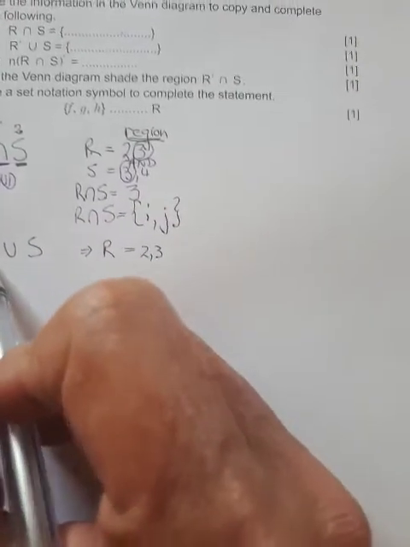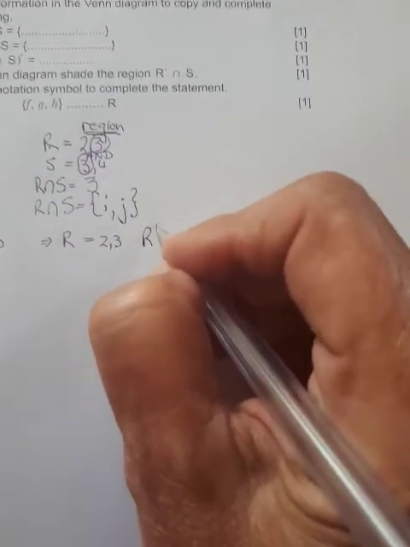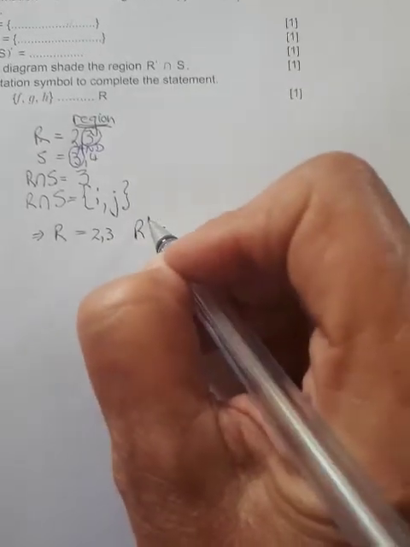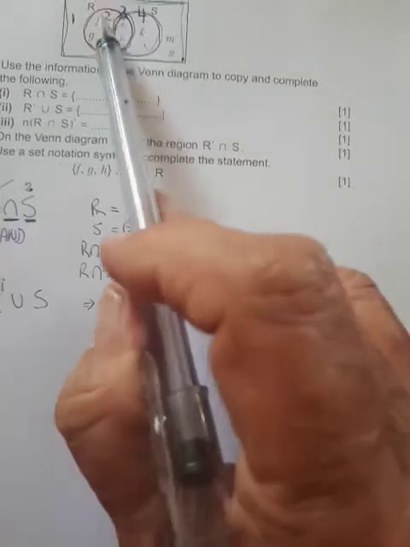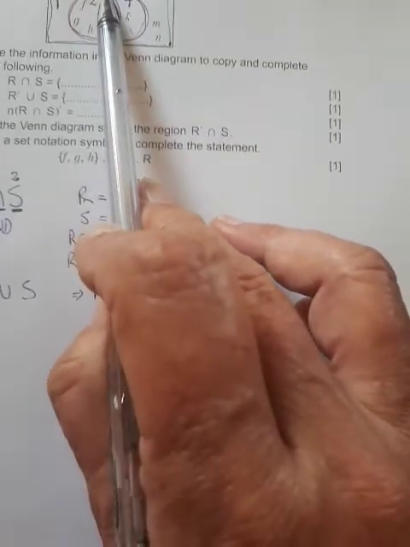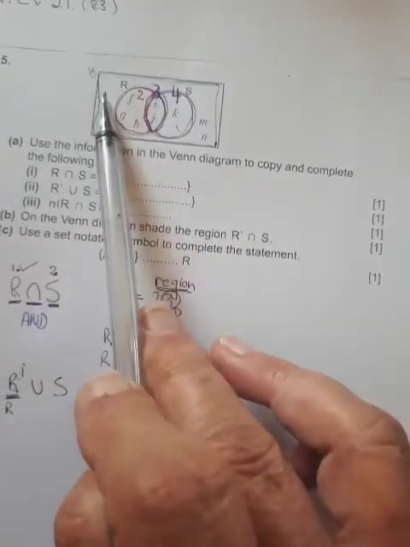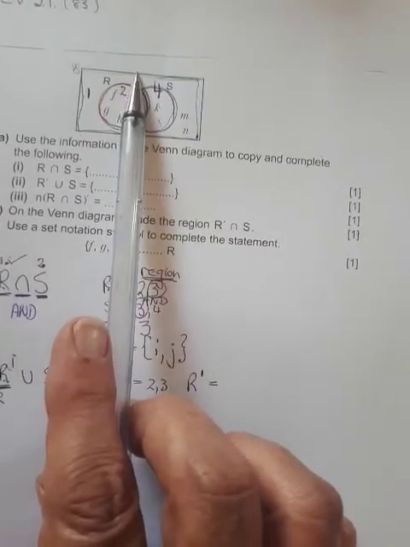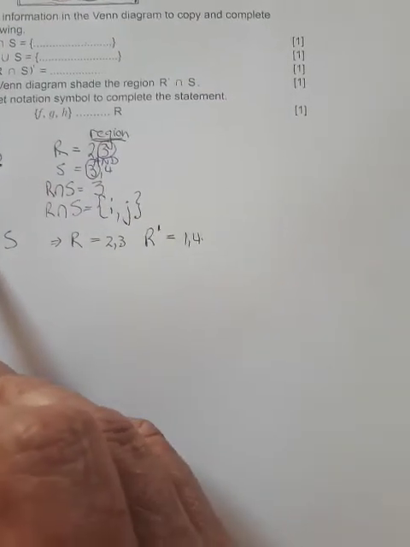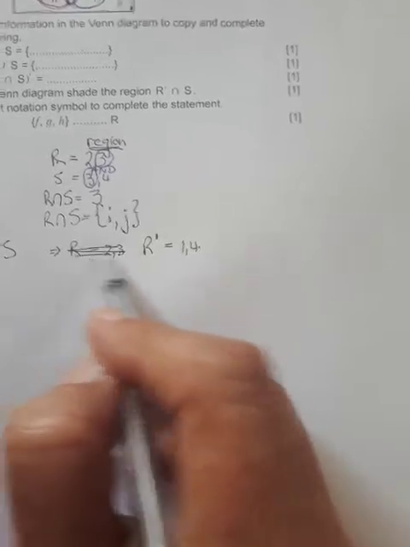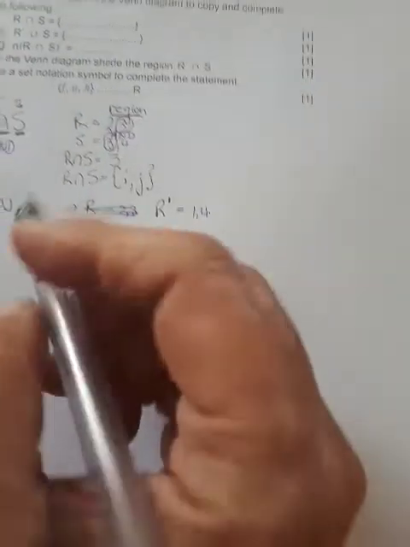But they are asking you for R complement. So R complement is not 2 and not 3. What else is there except 2 and 3? There is 1 and 4. If it's not 2 and not 3, then it is only 1 and 4. And because your question is about complement, you can now cancel R, but you're not using that.